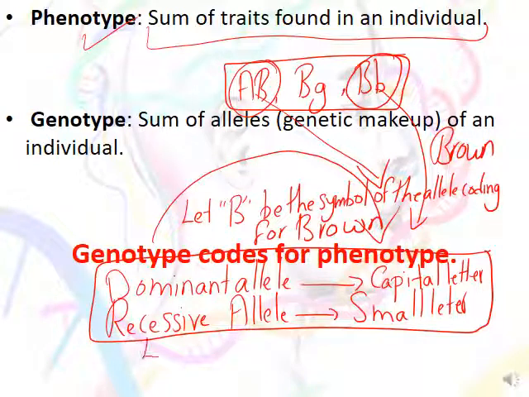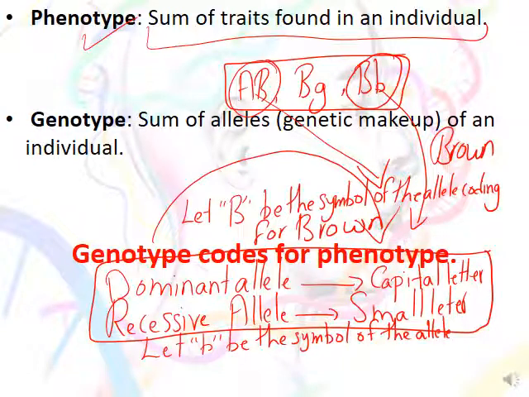The same for recessive. Let B small be the symbol, not the symbol of the blue color, but the symbol of the allele coding for the blue color.